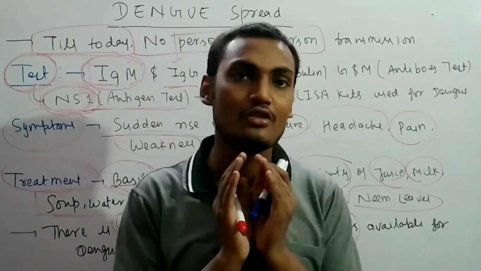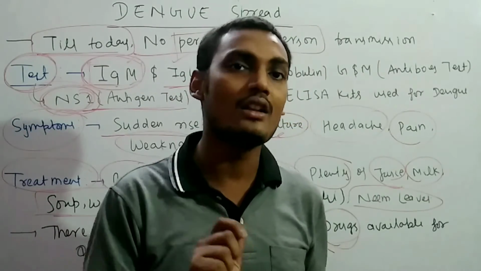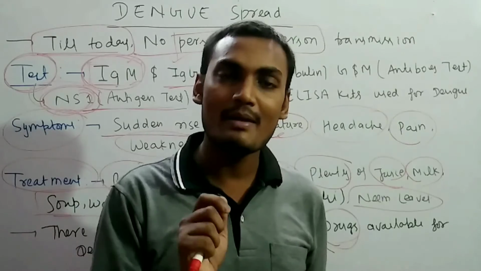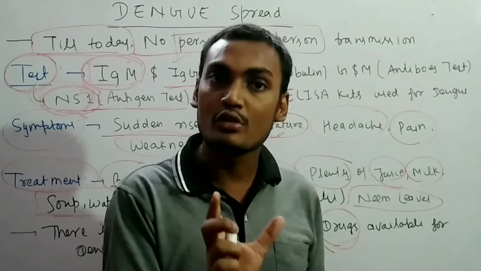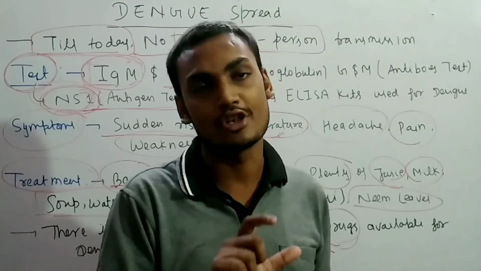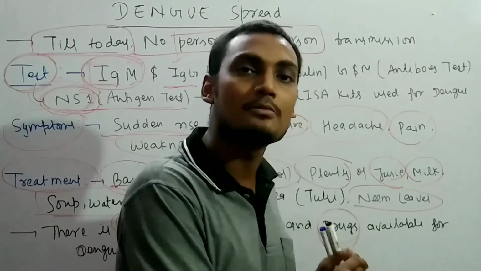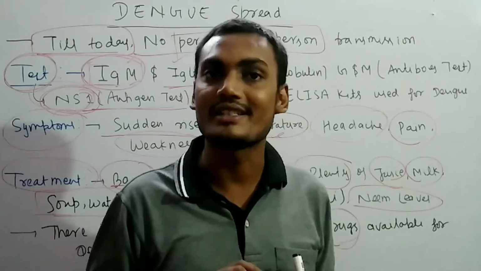Two to three things are very important: dengue is a seasonal kind of disease, basically between July and November, and it is spread through the Aedes aegypti mosquito, which is the female mosquito and a daytime feeder. This female mosquito cannot breed when the temperature is below 16 degrees Celsius.